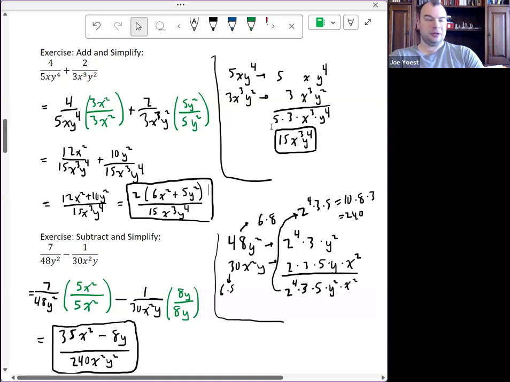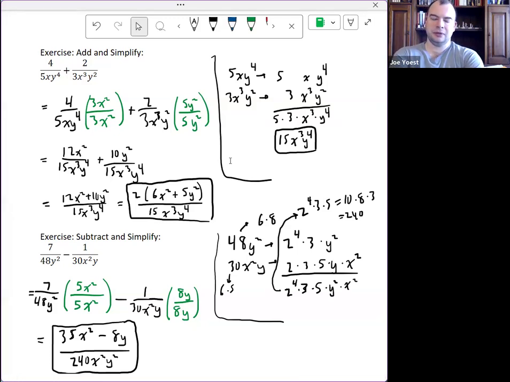So I need one building block of size 5, 3 building block, 3 x building blocks and 4 y building blocks. That makes 15x cubed and y to the fourth for our lowest common denominator. So we look at our first fraction, 4 over 5xy to the fourth.